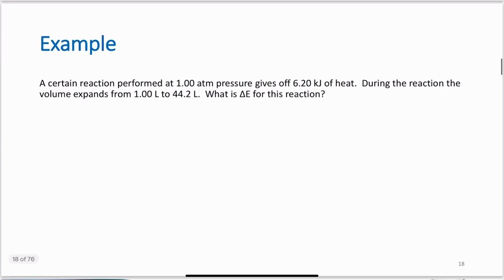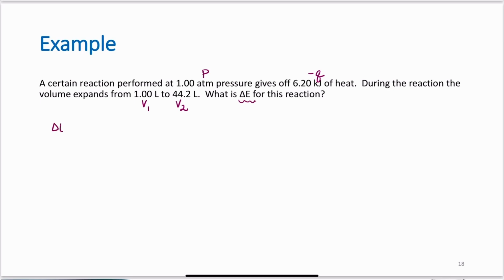And one more example. A certain reaction performed at 1 atmosphere of pressure gives off 6.20 kilojoules of heat. Gives off means Q is negative. During the reaction, the volume expands from 1 liter to 44.2 liters. What is delta E for this reaction?